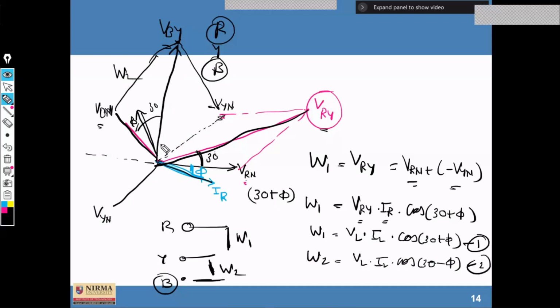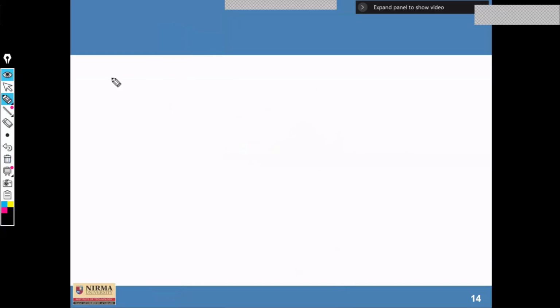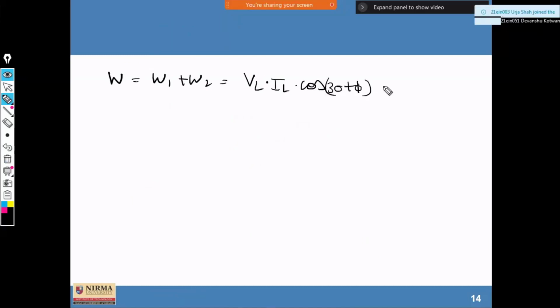Now, from this vector diagram, we can write the equations of W1 and W2. And if we add these two equations, we can find the total power W, W1 plus W2, where we can write VL into IL into cos 30 plus 5, and another equation is VL into IL into cos 30 minus 5.